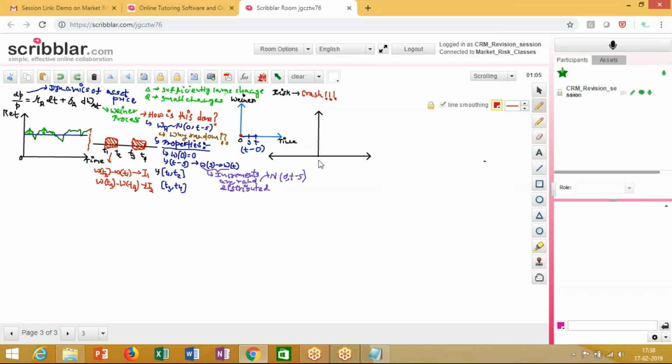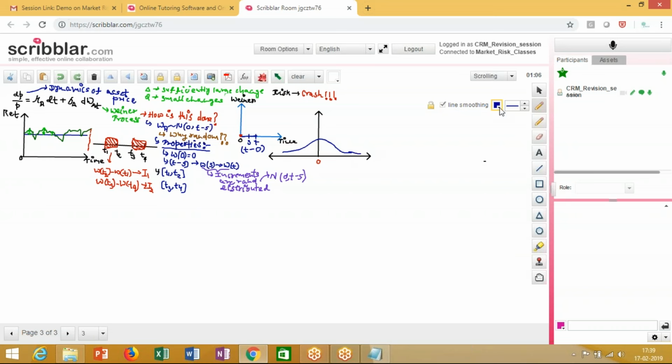Over here we have 0. Now, the next point that comes up is this. This is what a return distribution looks like.